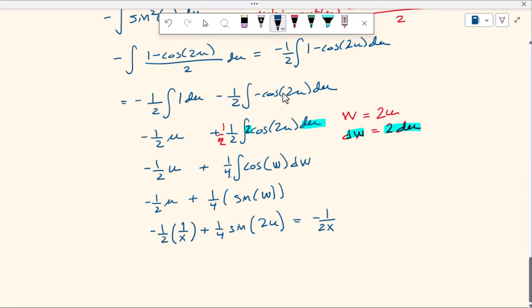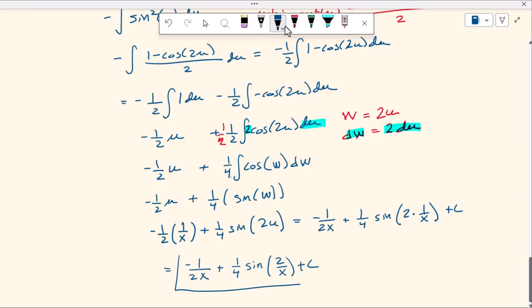So now I can make that other substitution. 2 times u, but u is 1 over x, plus c, and then we can clean this up a little bit. So this is equal to negative 1 over 2x plus 1/4 sine of 2 over x, plus c.